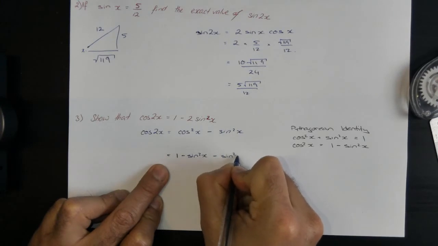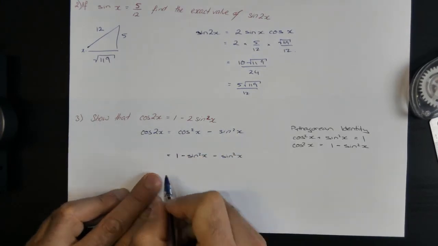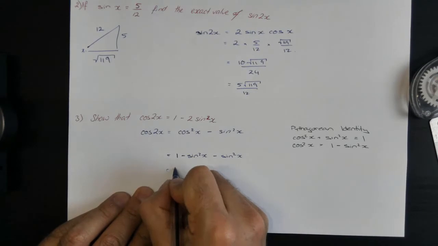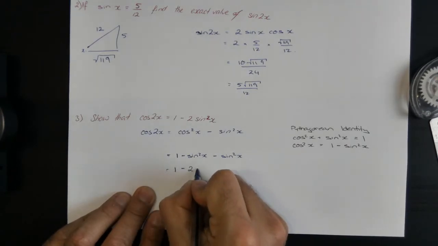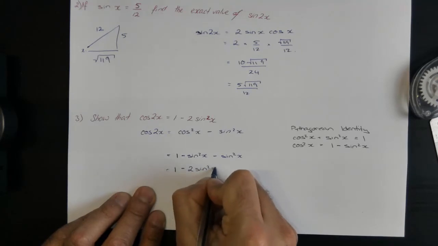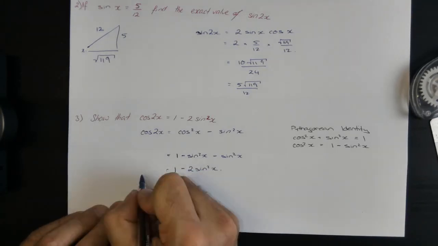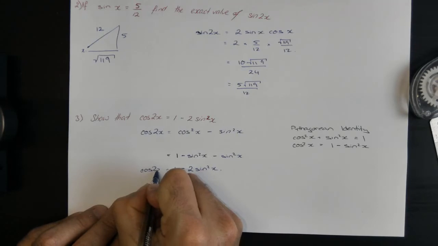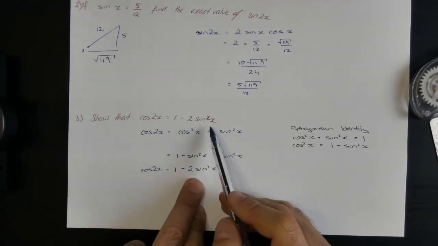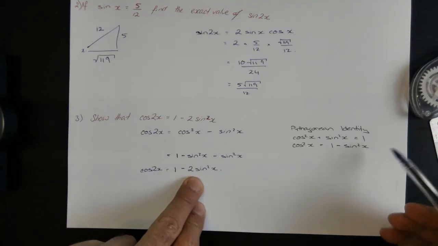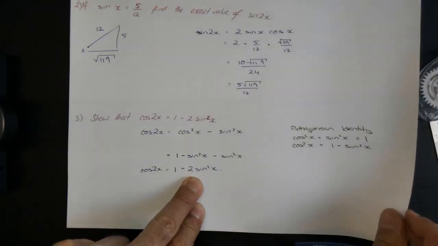I didn't touch the other term, so that just stays the same. So that's going to be 1, and they're the same, so that's 2 lots of sine squared x. So I've shown that cos 2x is equal to 1 minus 2 sine squared x by using the Pythagorean identity. Okay.